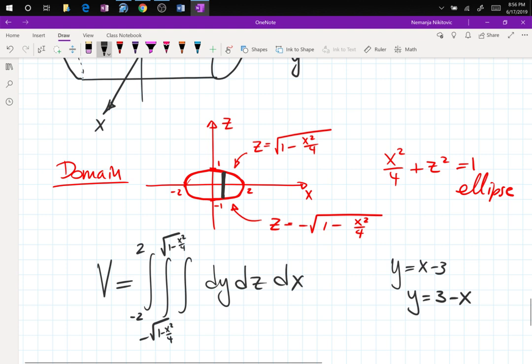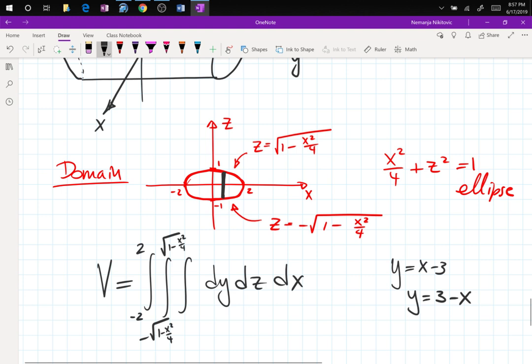So which one goes on top and which one goes on the bottom? Does it really matter? Because you get negative volume if you swap it, right? When you swap the limits of integration, the integral picks up a minus sign. So in that respect, it doesn't matter, because when you compute, you get a negative, you just take the positive value for it, right? But it might mess up other things along the way, so we're not playing with fire. x minus 3 goes on the bottom, because that's the further negative part of y.